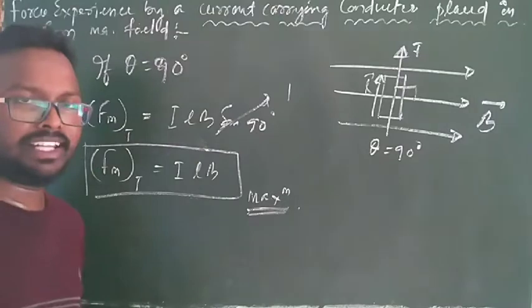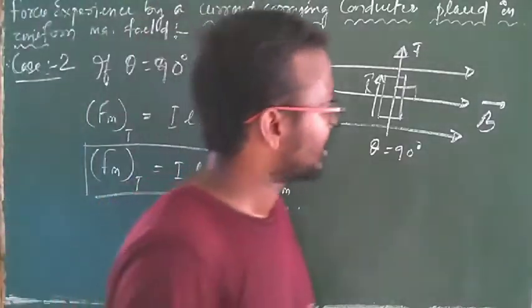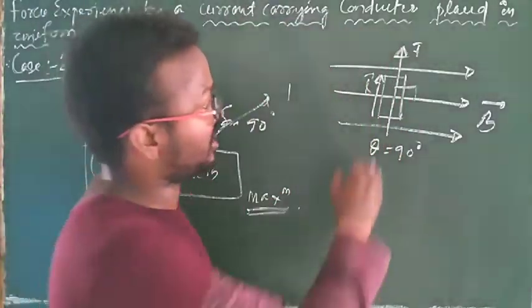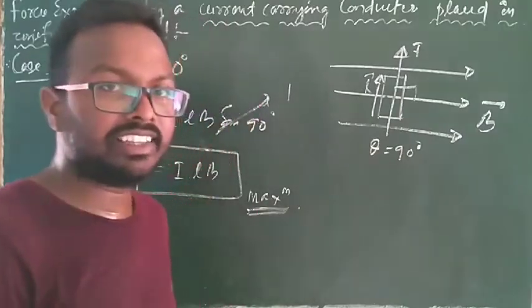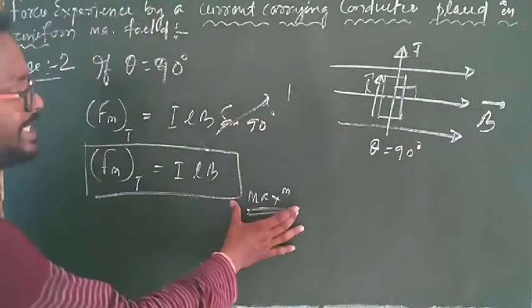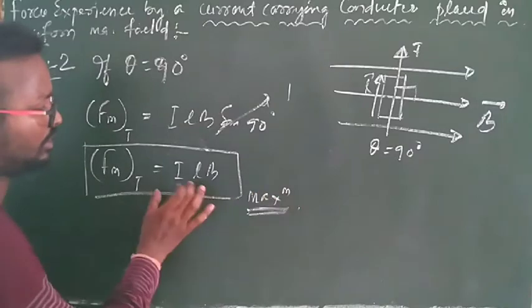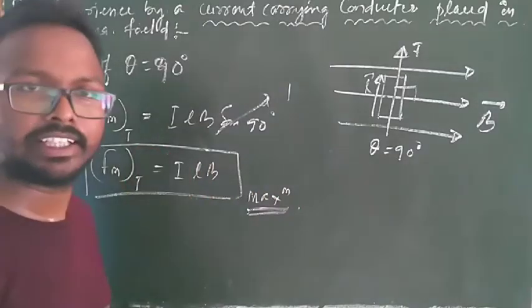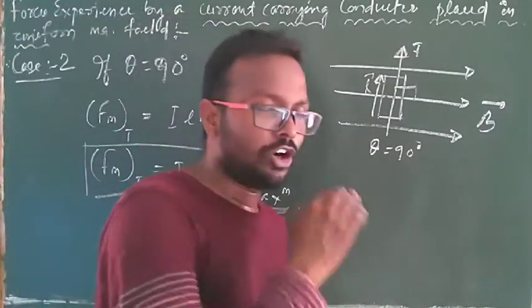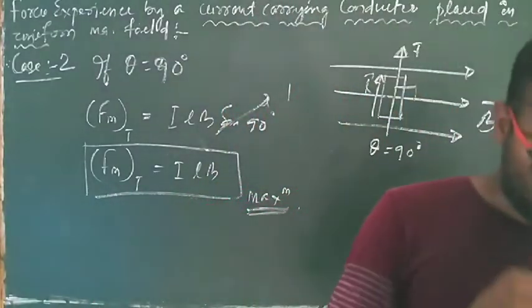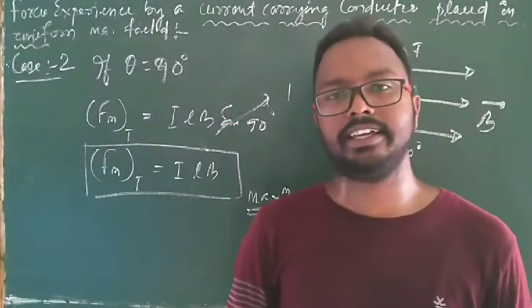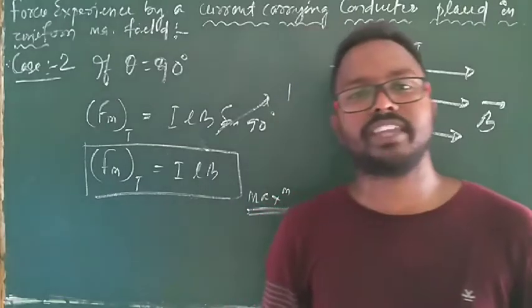So if we place a current carrying conductor perpendicular to the direction of the magnetic field, then this conductor will experience a maximum magnetic force, and that value is equal to ILB. Clear?